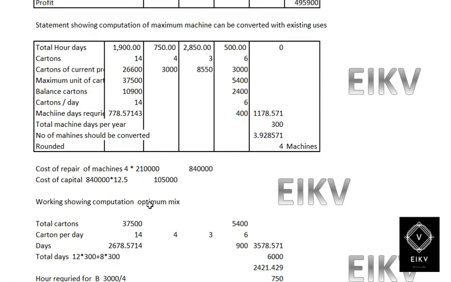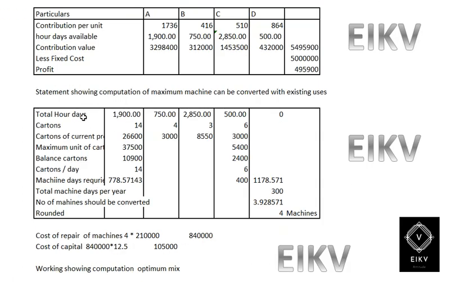For that computation, I have made a table with total hour days as 1900, 750, 2850 and 500. We have cartons per day per machine as 14, 4, 3 and 6. Therefore we will get cartons at current production.